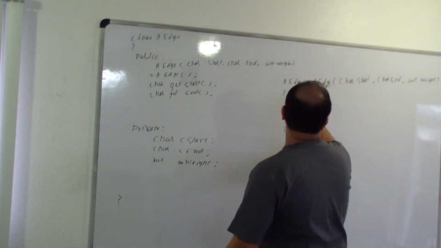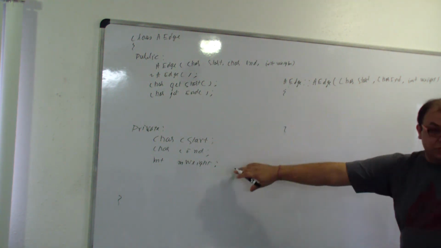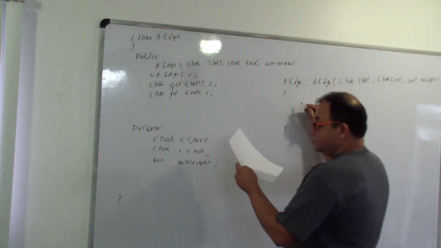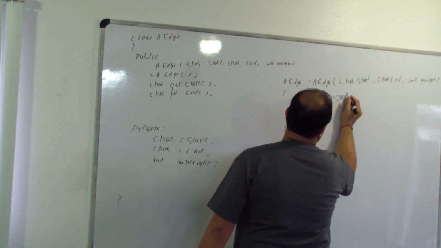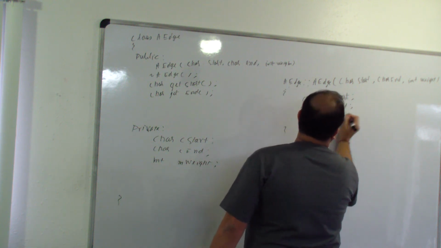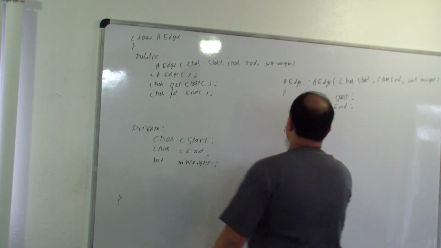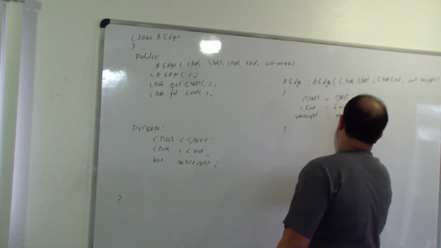We will just assign whatever the start value is to C start, end value to C end, and weight to m weight. So C start is equal to start, C end is equal to end, and m weight is equal to weight.